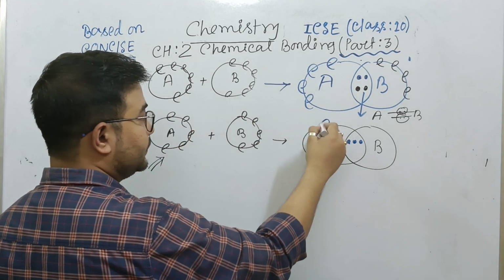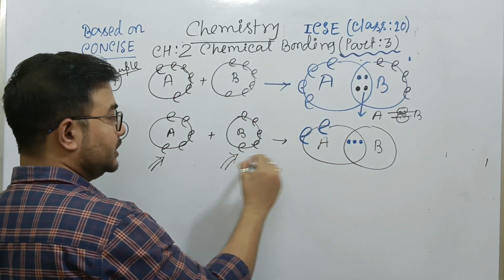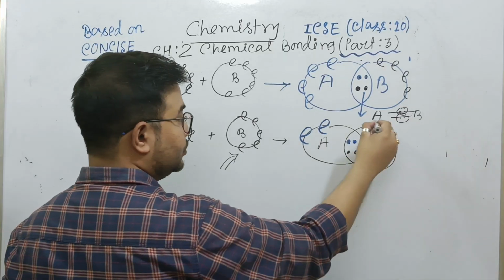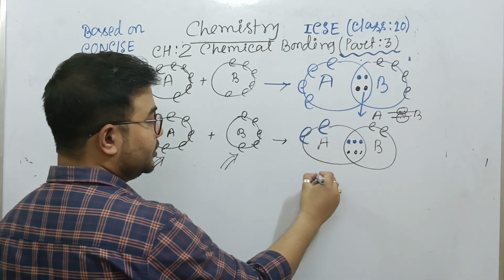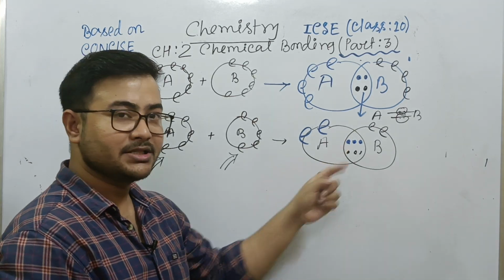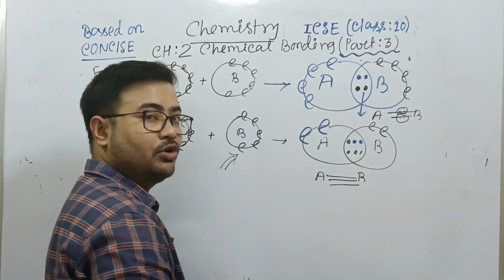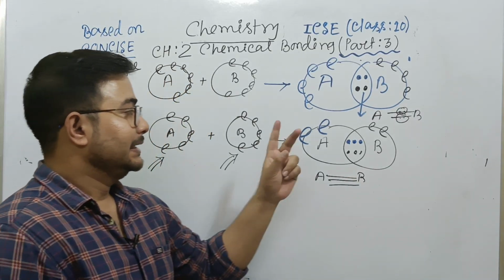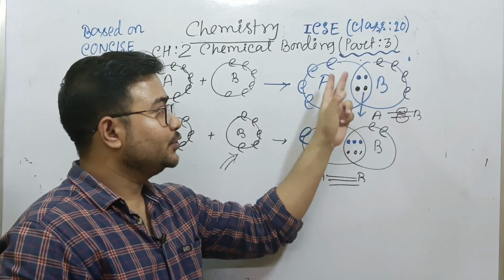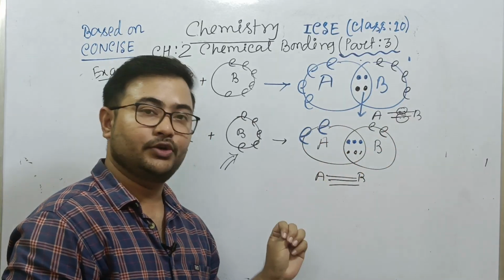So how many electrons are left here? 2. Here also, instead of accepting 3, it donates 3. So 2 electrons are here. So tell me how many pairs here? 3 pairs. Each pair forms 1 bond, so 3 pairs form 3 bonds. That's why after sharing 2 pairs a double bond will form. After sharing 3 pairs a triple bond will form.